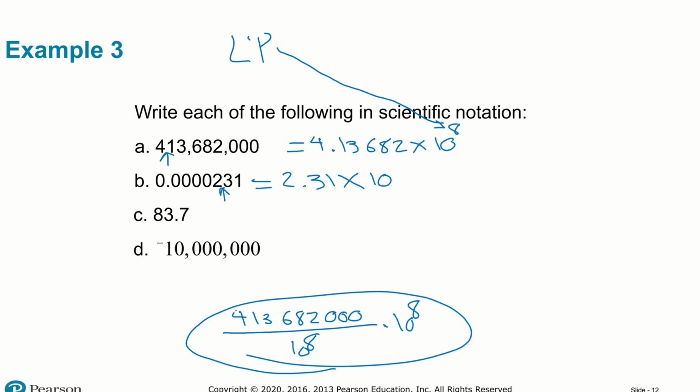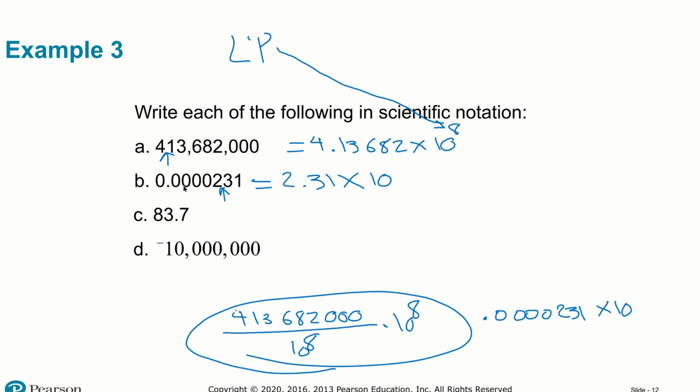Now, in order to move this decimal place 1, 2, 3, 4, 5 digits to the right, I basically took that 0.000231 and multiplied it by 10 to the 5, right?